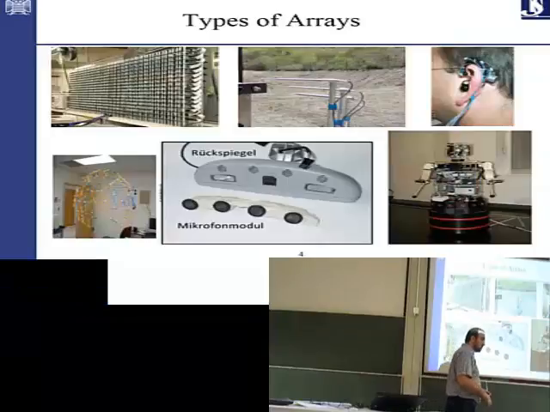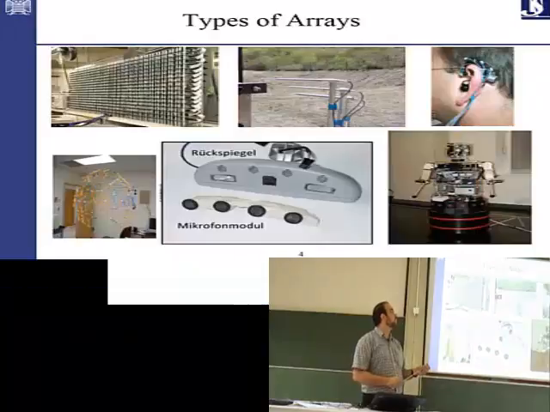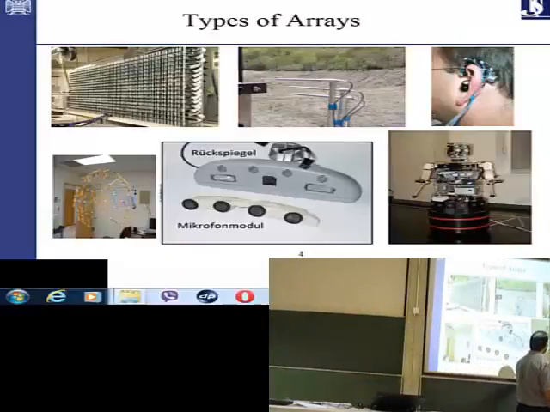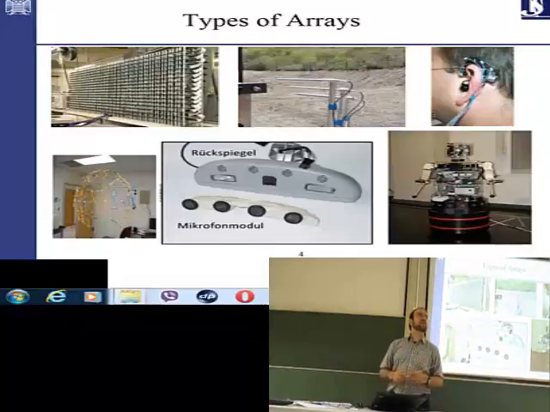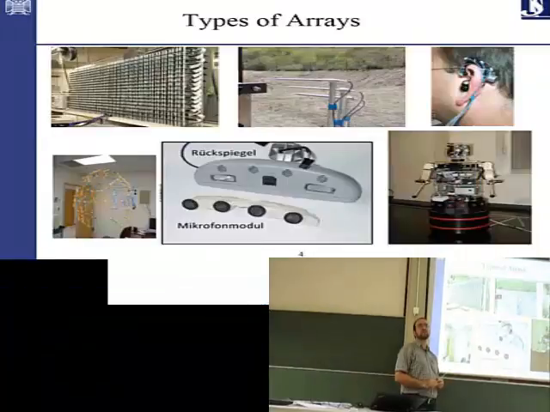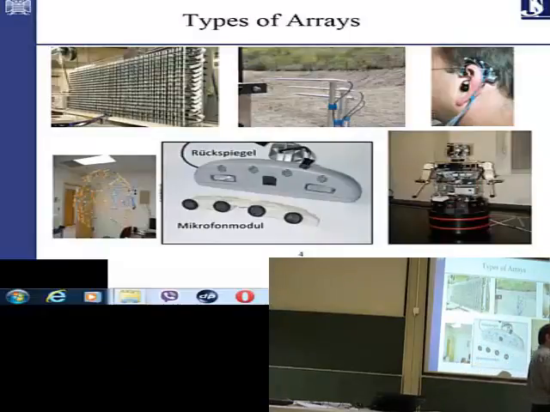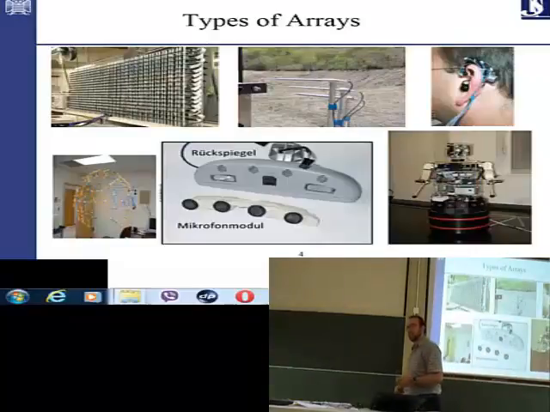There are types of arrays or sensor collections. We have an application in hearing aid systems. 50 years ago, the hearing aid contained just a single microphone, which captured the data from the environment and applied a gain, and then by increasing the gain, sent it to the inner auditory system of the human.